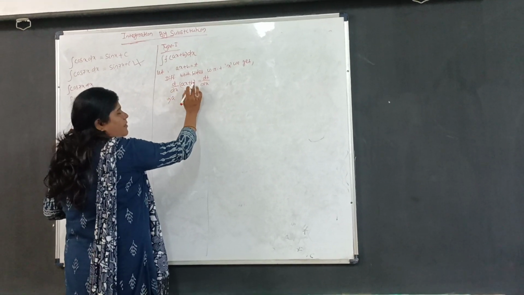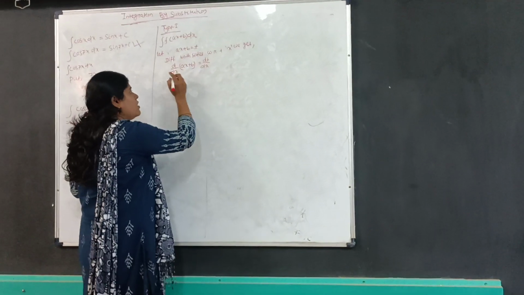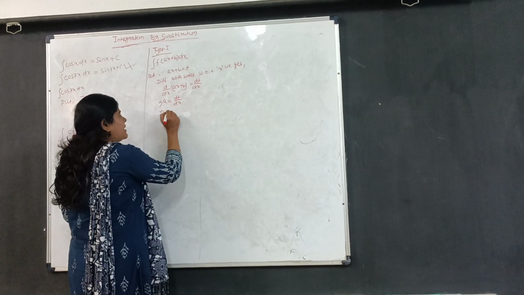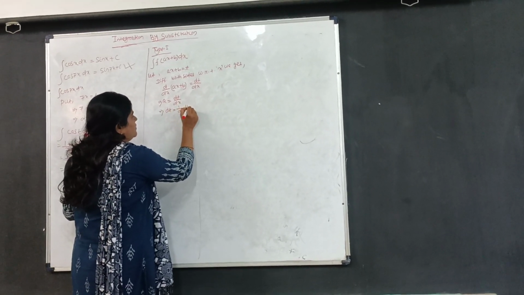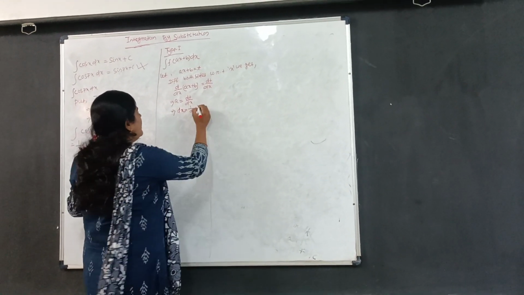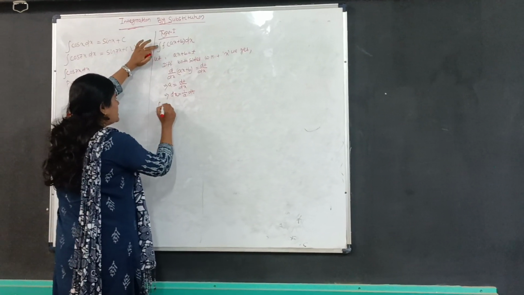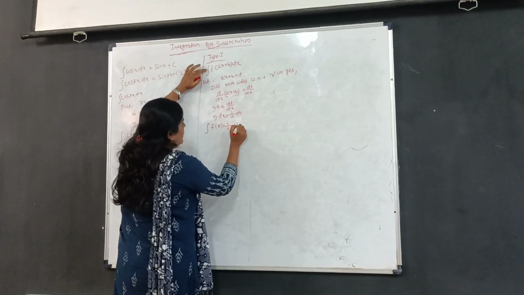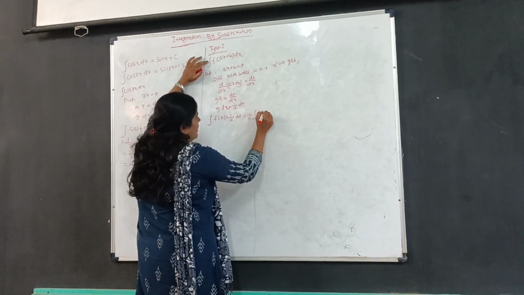Again, we already know that the derivative of a constant term is equal to 0. So a is equal to dt by dx. That implies dt is equal to a dx, so dx is equal to 1 by a dt. So this integral is converted to integration of f of t into 1 by a dt. 1 by a is a constant term, so take it out: 1 by a integration of f of t dt.